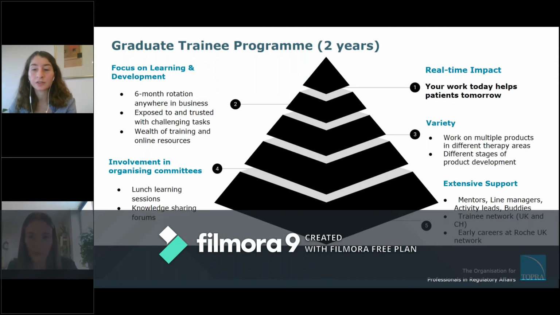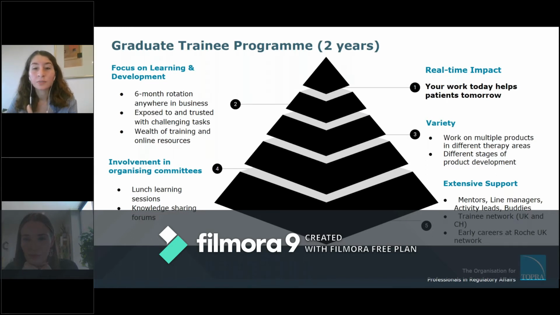Beyond that, there's also an early careers forum that we have in Roche UK, which encompasses all different entry-level functions, from biostatistics to regulatory, and we all join together once a month and have really insightful presentations and networking events.